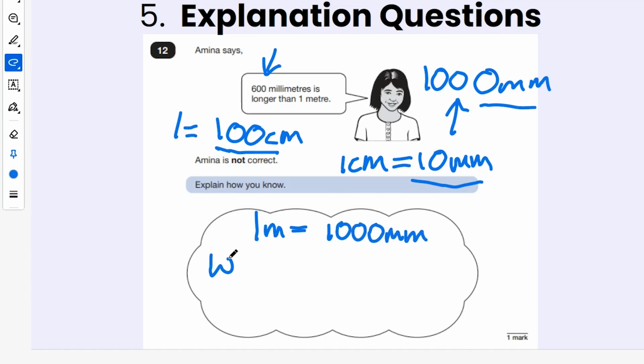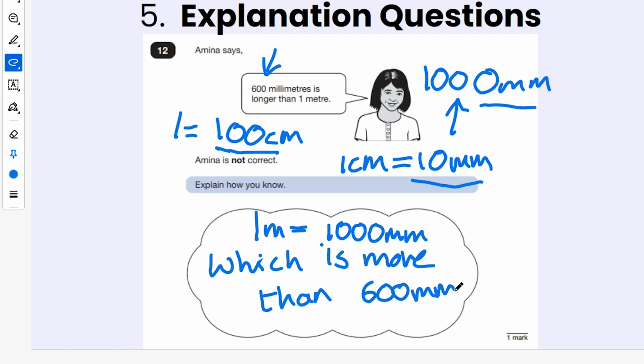And then you might say something like, which is more than 600 millimetres. So you can see how it takes a little while to work it out, but you can get this right by writing down your thinking in words, but you need to give enough so that you can show your understanding of this question and why it's not right.